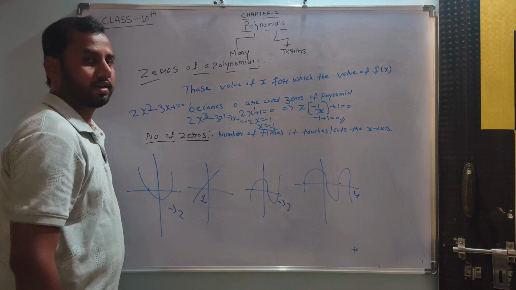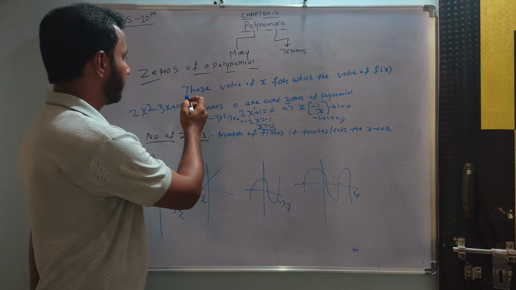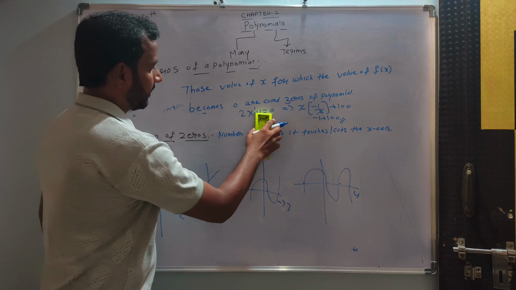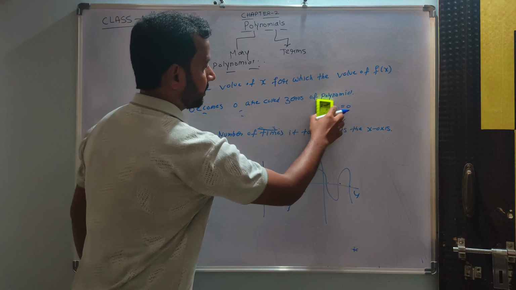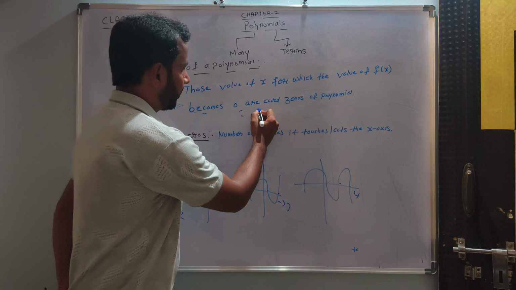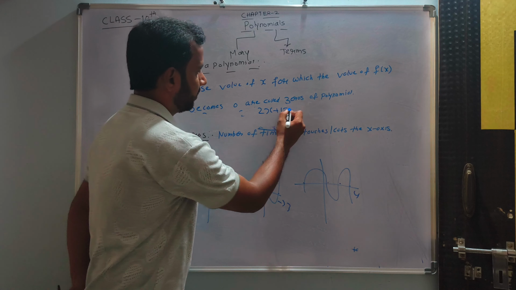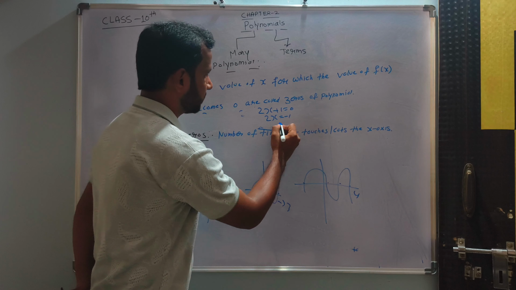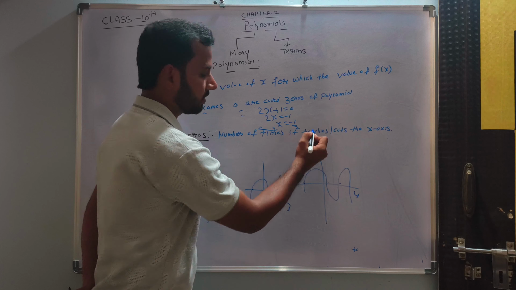Now the next part is the zeros of a polynomial. What do you mean by the zeros of a polynomial? Those values of x for which the polynomial turns out to be 0. Now I am taking for example 2x plus 1 equal to 0. Now if I am finding the x value, 2x equal to minus 1, x equal to minus 1 by 2, I got.